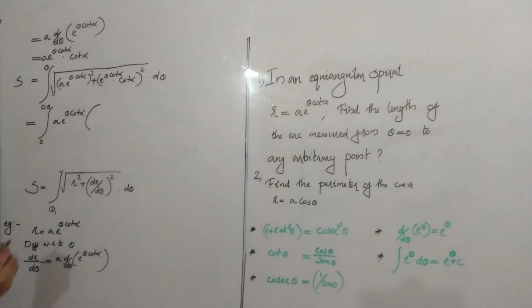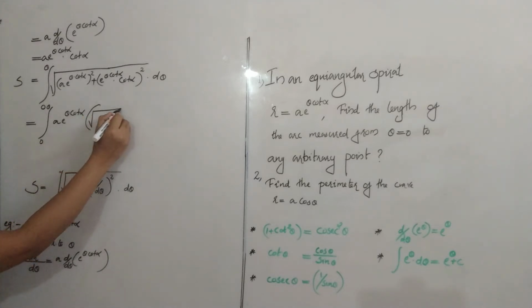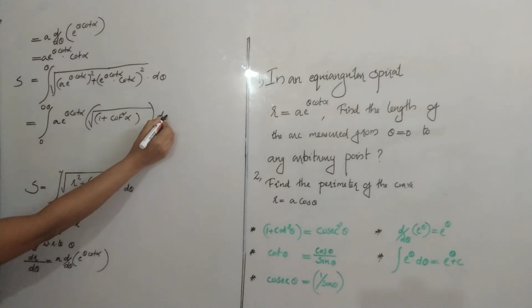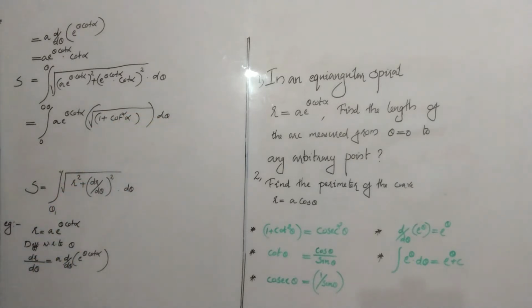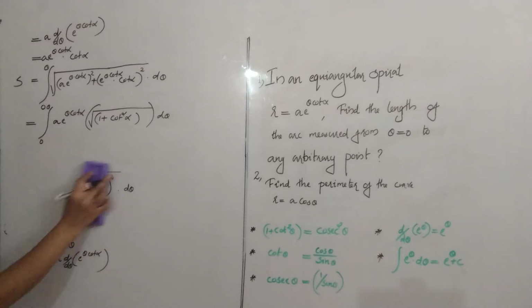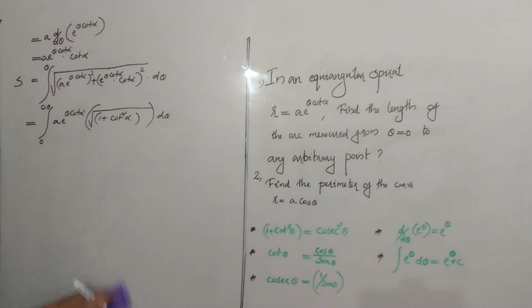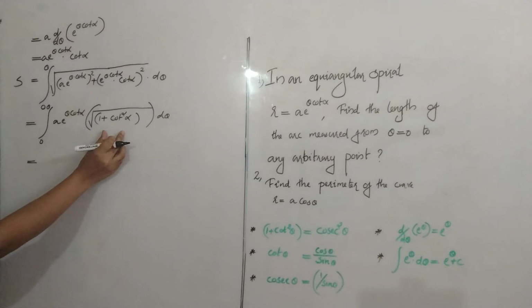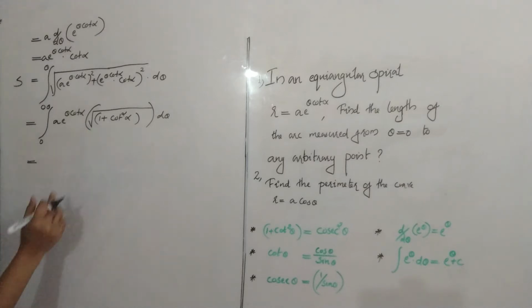So the remaining term is root of 1 plus cot square alpha into d theta. We know that 1 plus cot square alpha is equal to cosec square alpha.